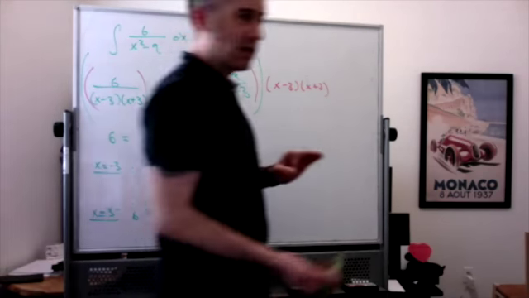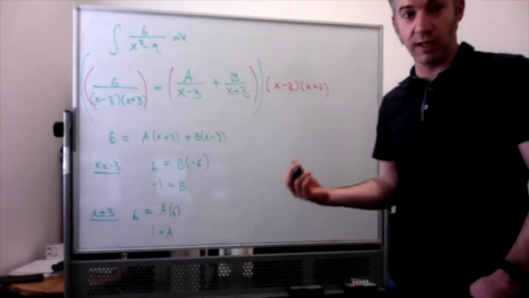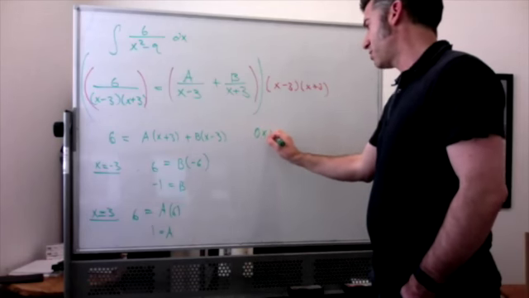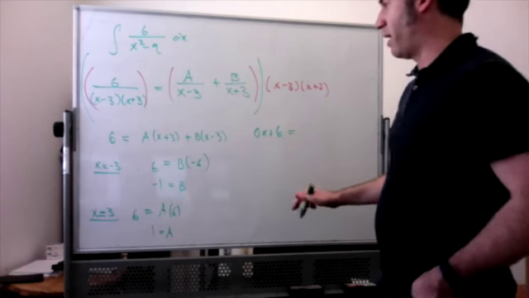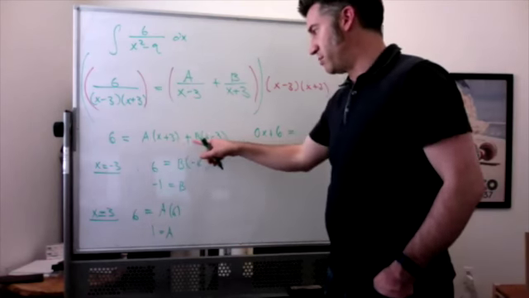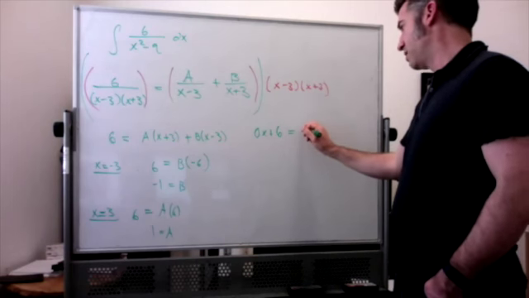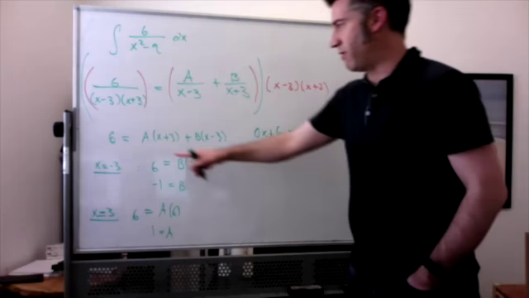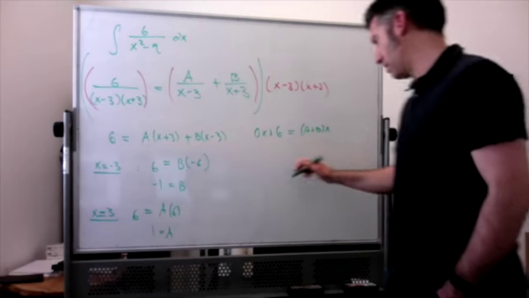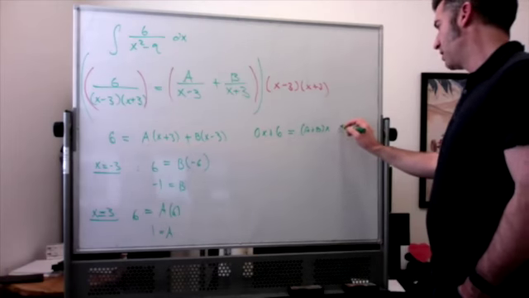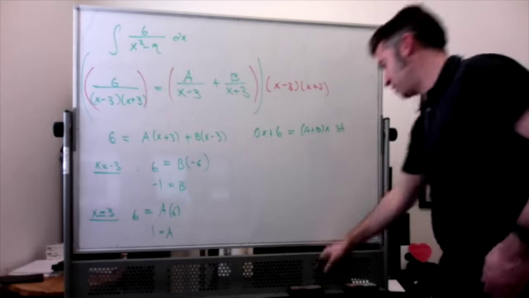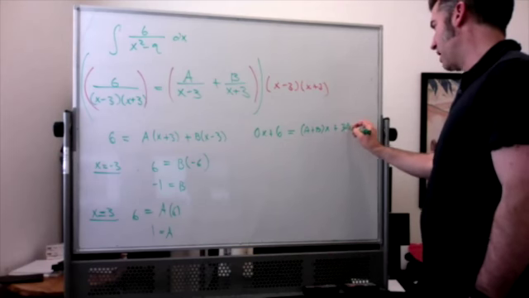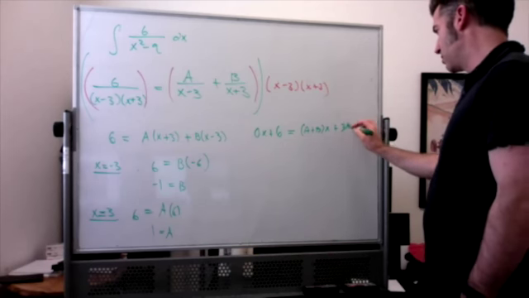If you don't like that, though, the other way to do this is by equating coefficients. On the left, I have 0x plus 6. On the right, I have ax plus bx, so that's a plus b times x. And I have a times 3 plus b times -3, so 3a minus 3b.